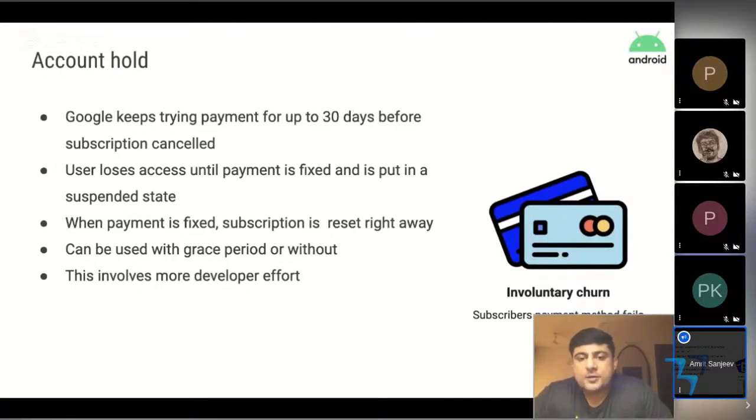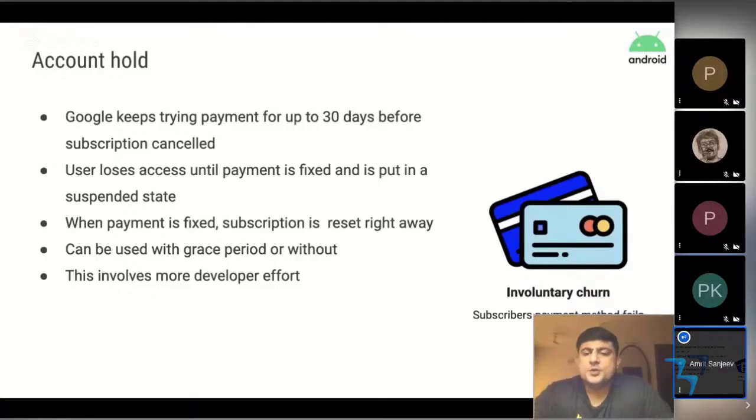Most users will get confused if you don't do anything, because they would assume that they are paying for the content and they are not receiving it, which leads to a bad user experience. So a lot of the apps which implement account hold also show in-app messaging, where the user comes in and understands that there is a problem, and they need to fix it within the UI of the app itself, and they deep link into the payment page in Play Console.